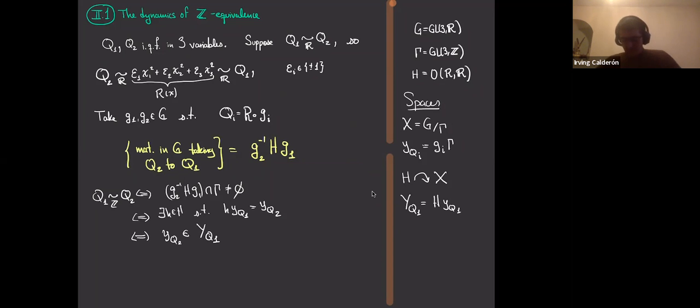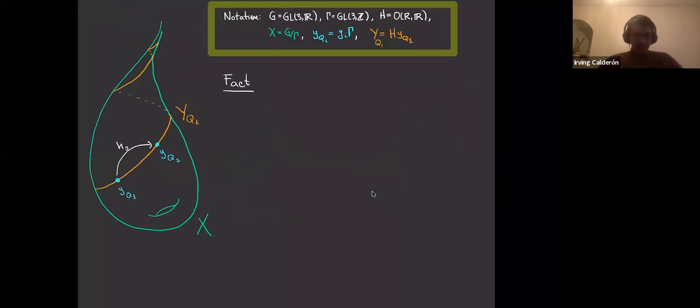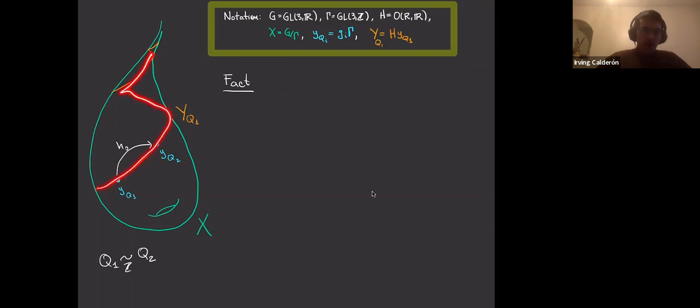Okay, so here is a picture of the situation. So we will suppose that indeed that's the case. So when our quadratic forms are equivalent over C, then we have this big space X, we have our orbit Y_Q1, and 2 points here.